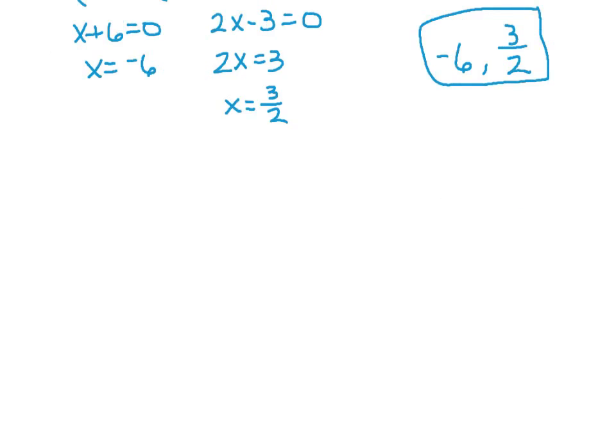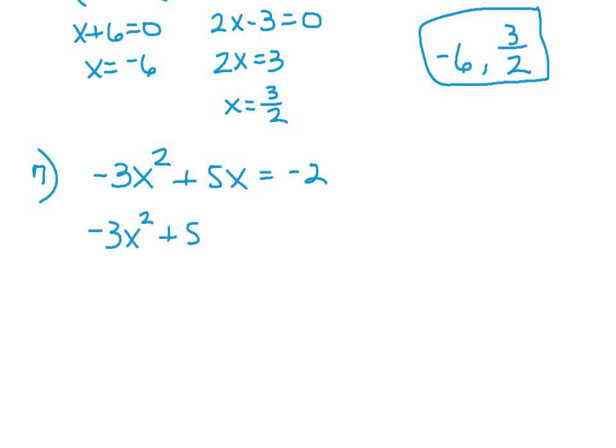Okay, number 7, last one. We'll do this one together as well. I have -3x squared plus 5x is equal to -2. So we'll start by forcing this equation to equal 0 by adding 2 to both sides. So -3x squared plus 5x plus 2 is equal to 0.